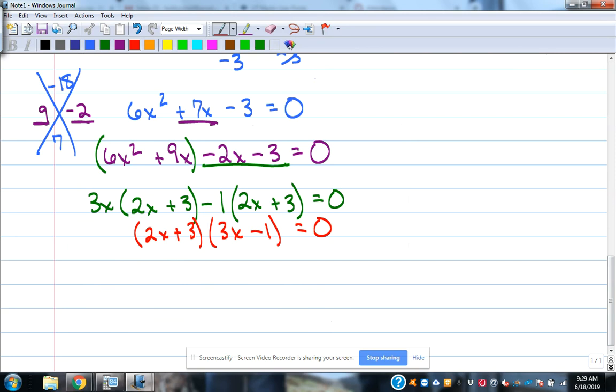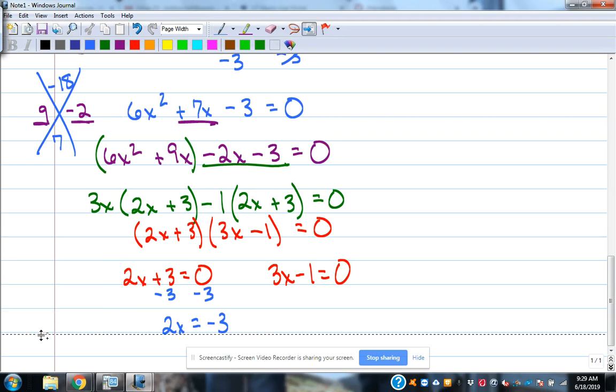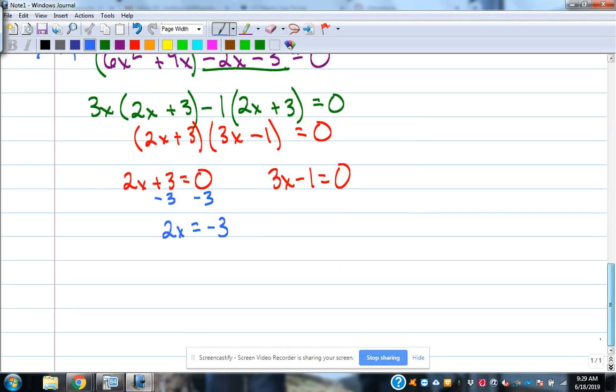is to take each of those and set them equal to 0. And you've got to just solve each of them individually, like two separate problems, get x by itself. So I'm going to subtract 3. Gives me 2x equals negative 3. One more step. Okay, a little bit more space here.